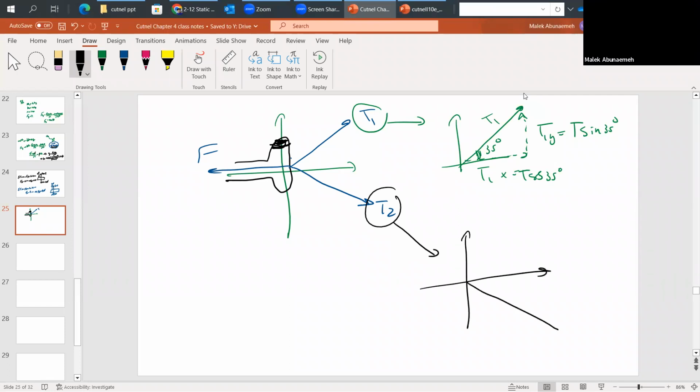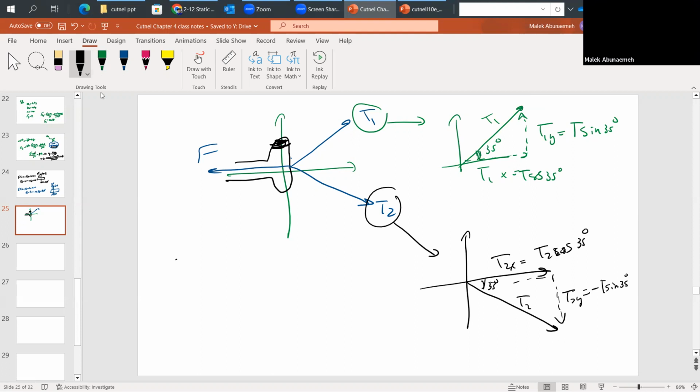This is going this way, which is your T2, a resultant of your x and y components. So T2 in the x direction is T2 cosine 35 degrees, as this is 35 also. And this is your T2y. Now, this is pointing in the negative direction, so it'd be minus T2 sine 35 degrees.